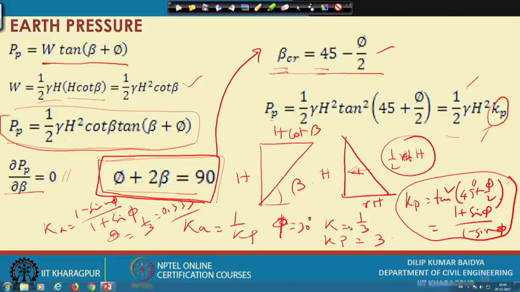So, from the coefficients of earth pressure, active and passive, you can see that Kp is a very large value. So, earth pressure at the passive condition will be very high.